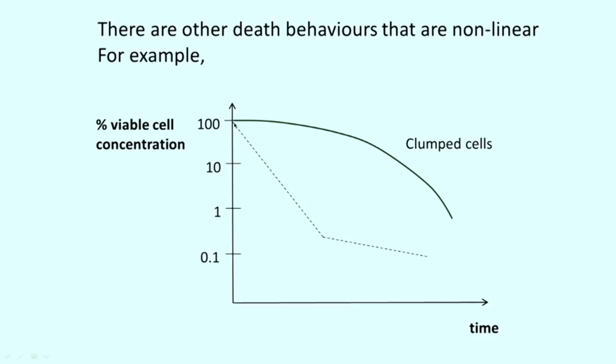As you can see, it is represented as two lines from 100 to, let us say, 0.2 or something like that. It is one line, and then there is another line here with a different slope compared to this. When do you think such a behavior would be seen? We have already seen that a straight line happens in a suspension of single cells. Only thing is that we have two lines with different slopes.